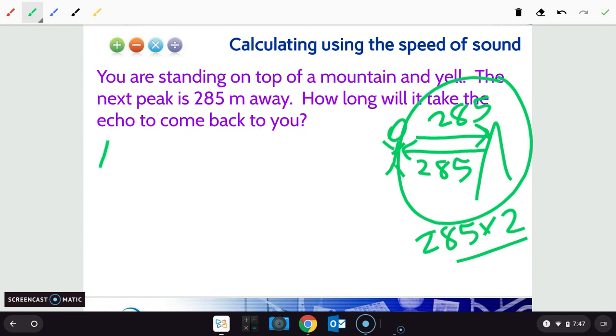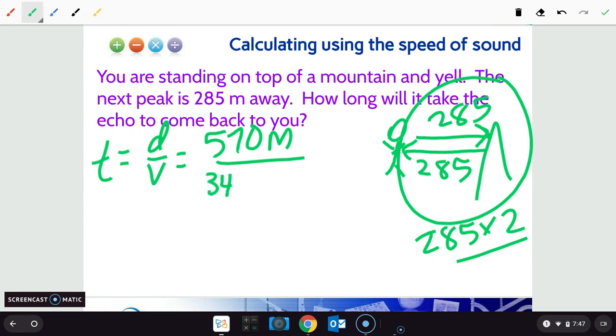So if you were to go back to the triangle, you'd find that time is distance divided by speed. Again, you're going to use a distance of the 285 times 2, which is 570 meters, divided by the speed of sound, which is 340 meters per second.